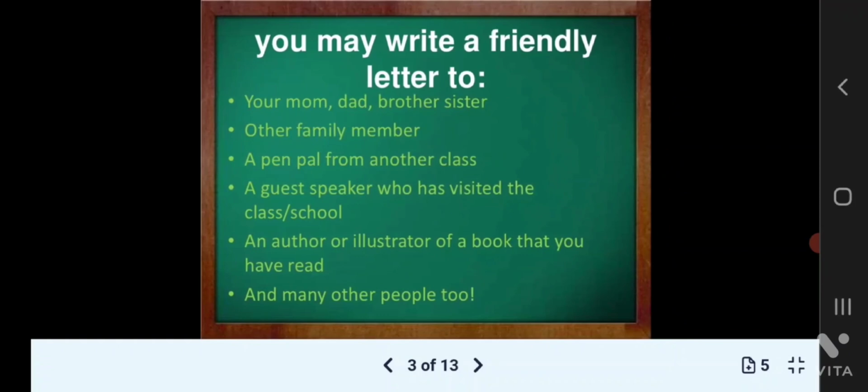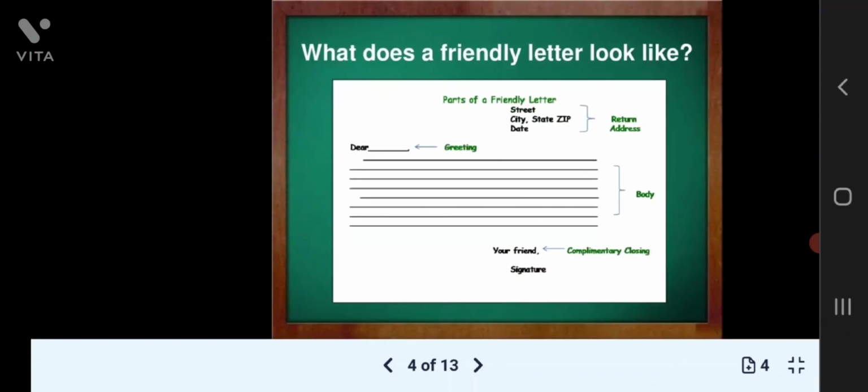So it's not just limited to a friend of yours, to a best friend of yours. You can also write a friendly letter to other family members, a pen pal from another class, a guest speaker who has visited the class or school, an author or illustrator of a book that you have read, and many other people too.